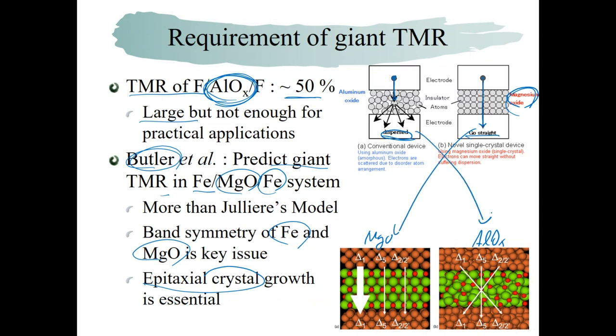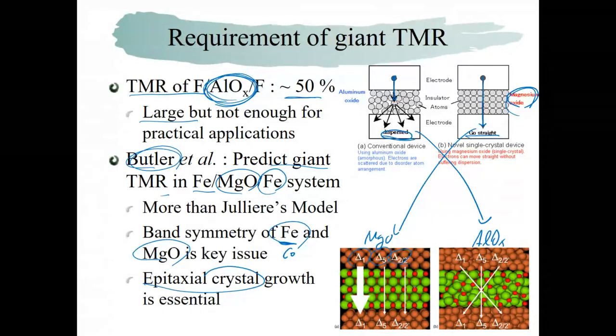In ferromagnetic iron or cobalt or alloyed iron-cobalt, there are some bands at the Fermi level called delta 1, delta 5, and delta 2 and delta 2 prime.